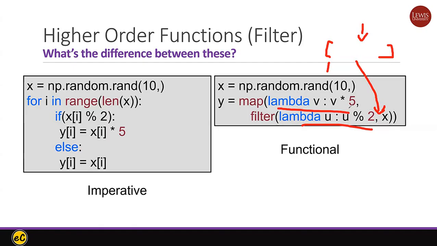So every remaining element will be increased by 5 times. Okay, so basically this is the same as this one. So it's using two higher order functions. Okay, this one is actually just a follow-up.